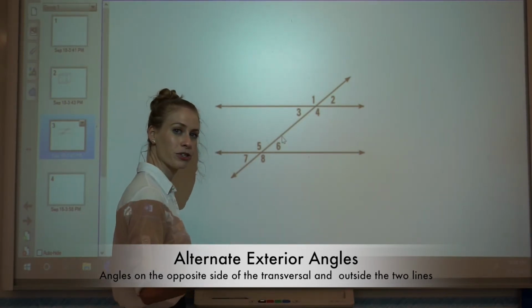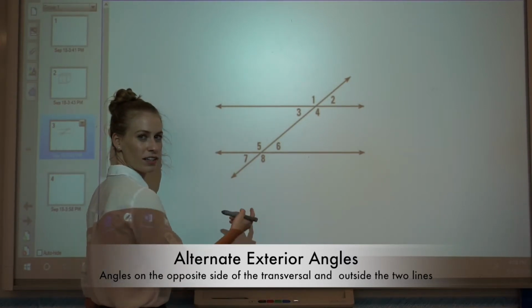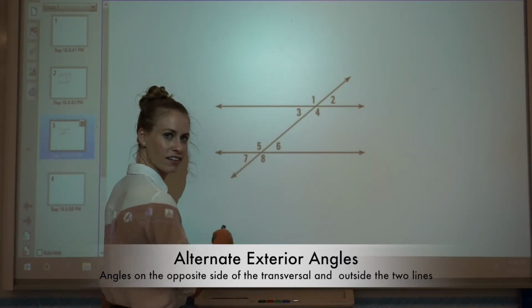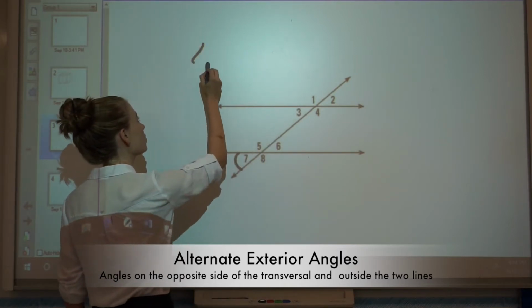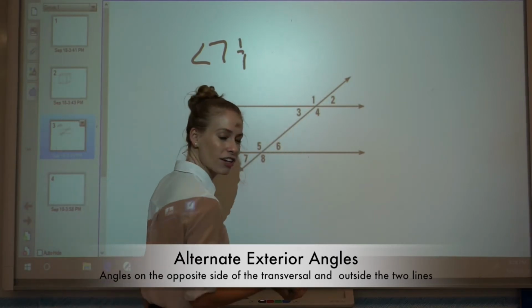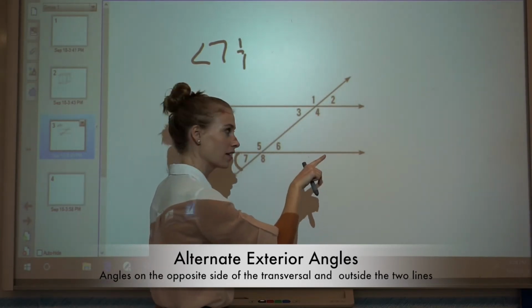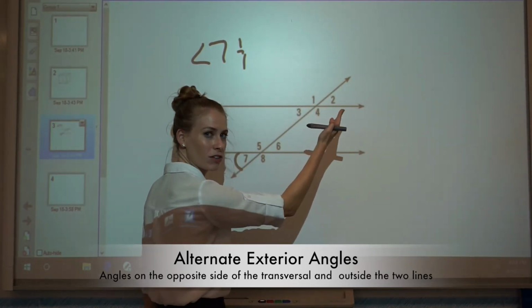So I'm looking for two angles that are on the outside. Okay? So let's just try 7, because I know it's on the outside of the two lines. Now I need to try to find one that's on the outside of the two lines, but on the opposite side of the transversal.